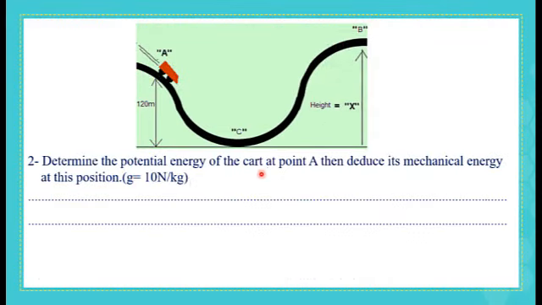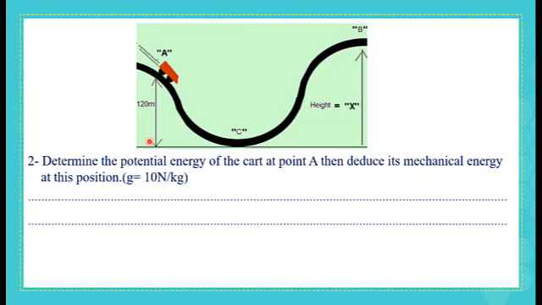Determine the potential energy of the cart at point A, then deduce its mechanical energy at this position, given that gravity equals 10 Newton per kilogram. Of course, starting with the formula, potential energy is equal to weight multiplied by height, or mass multiplied by gravity multiplied by height. Mass is equal to 100 kilograms, gravity 10 Newton per kilogram, and the height is 120 meters.